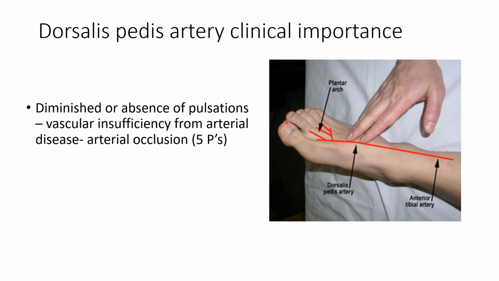So this is how the dorsalis pedis artery can be felt. Now you know about the origin, course, termination, branches, surface marking of the dorsalis pedis artery and its clinical importance.